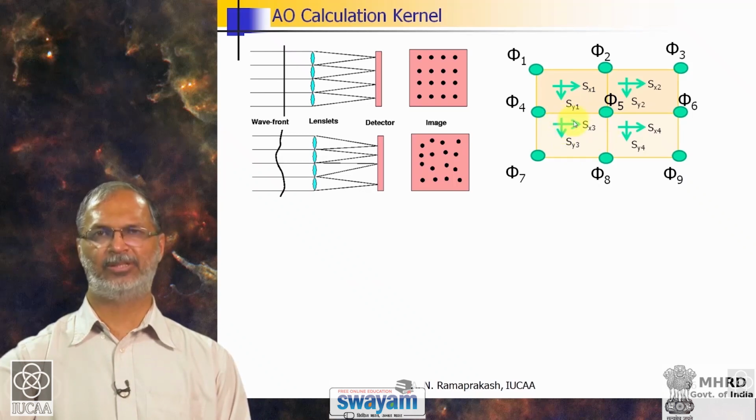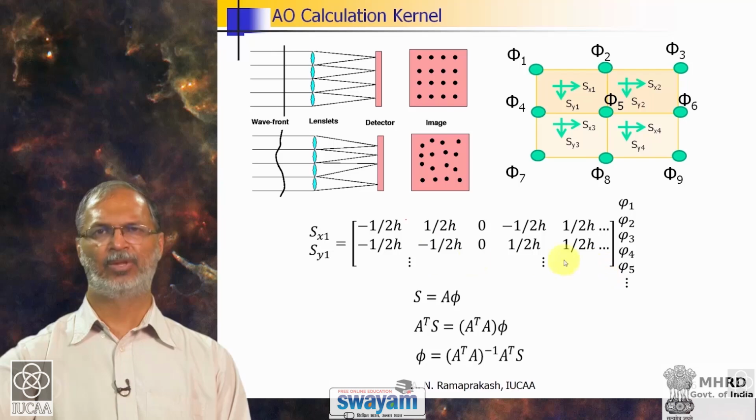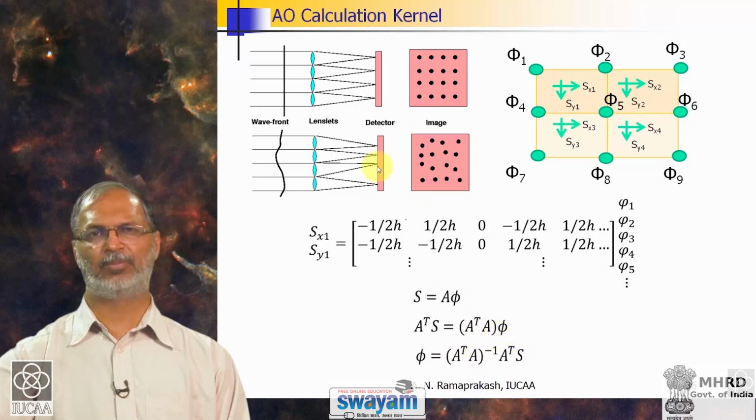So, the slope can be split into one slope in this direction and one slope in that direction, and then you can write all this as a set of linear equations in a matrix form, which have to be simultaneously solved to determine the phase. So, what is shown here is the slope, and this matrix is what translates the motion of these spots into slopes by appropriate subtraction, etc. And you write that in a matrix form.